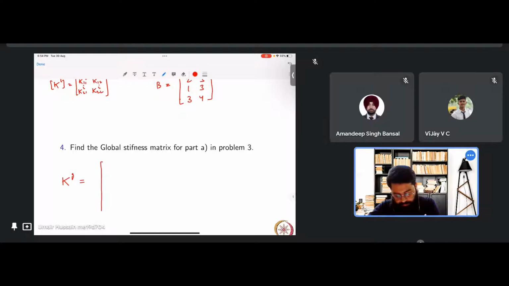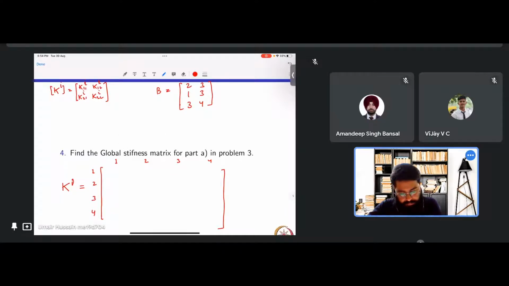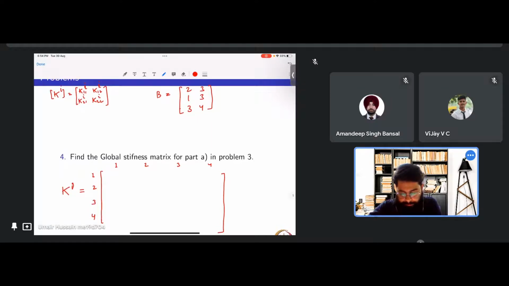So we have 2 3. Since we have 4 nodes, we'll have a 4 by 4 matrix. So what should we fill in this first entry, 1:1?